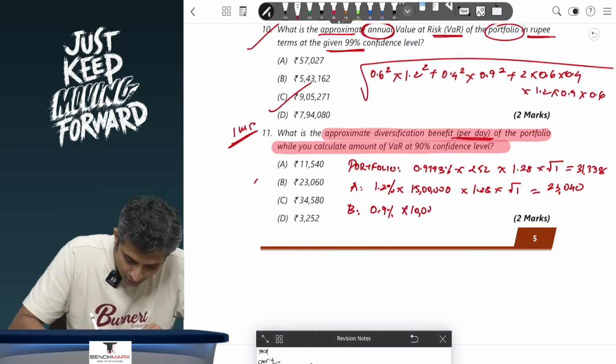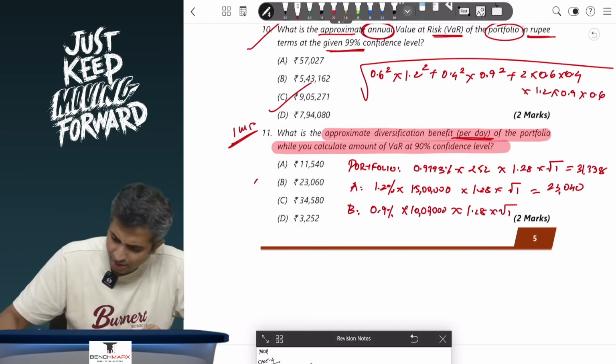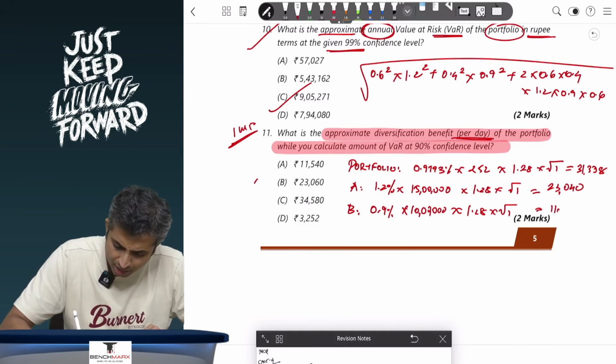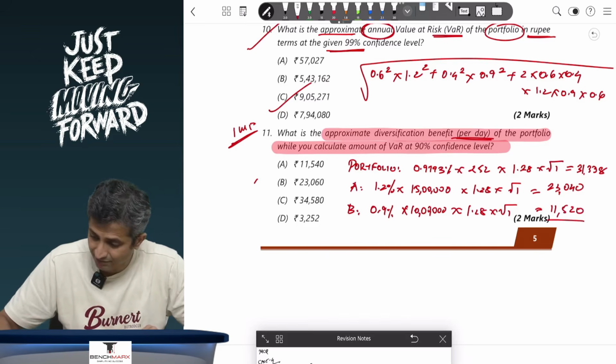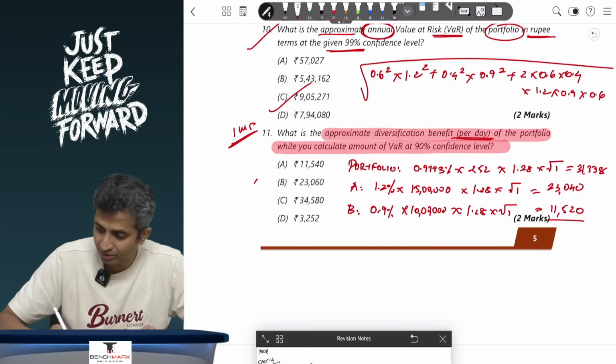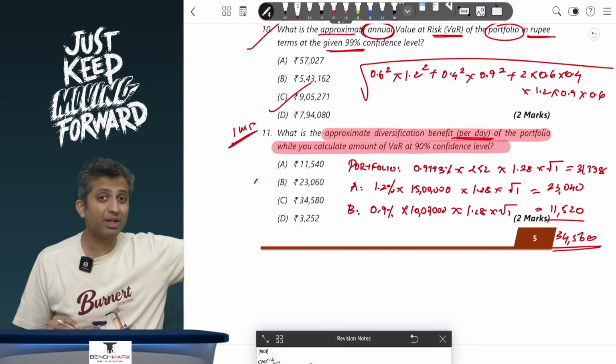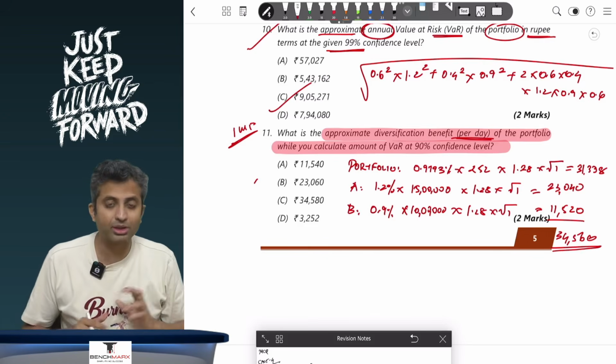So this is 10 lakhs into 0.9% into 1.28, which comes to, I think, 11,520. And hence, if I total both of these, ideally my total value at risk would have been 34,560. If I considered both of them individually, my total value at risk would have been 34,560.